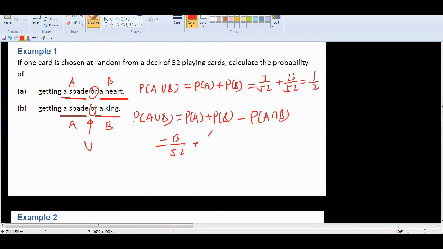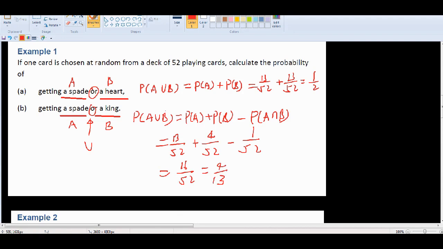So you got 4 of them, and you need to take away when it happens at the same time, a spade king. That's only one of them, so take away. Alright, so that's 13 plus 4 minus 1, 16 divided by 52, and 16 divided by 52 is 4 over 13.